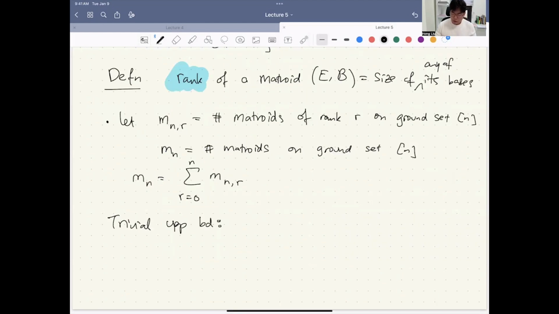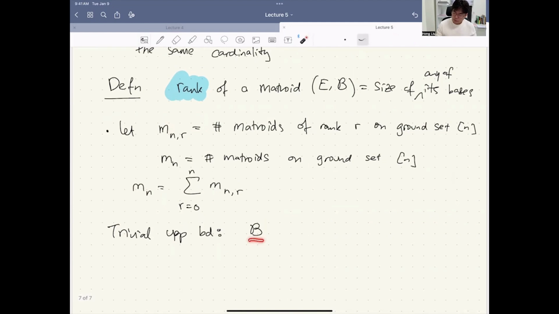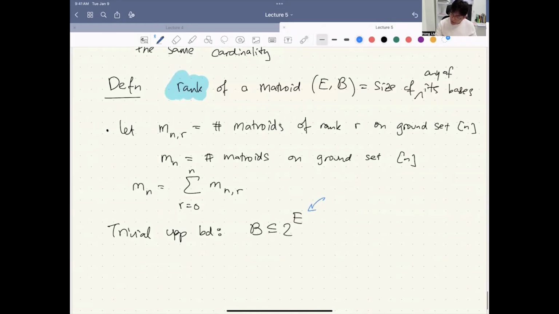Remember, a matroid you can identify with B. First of all, B is a subset of 2 to the E, and the cardinality of this is 2 to the n.